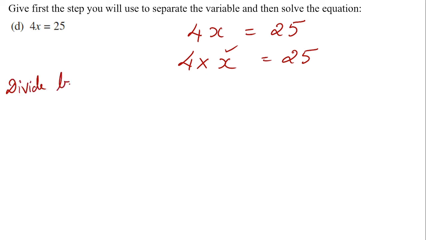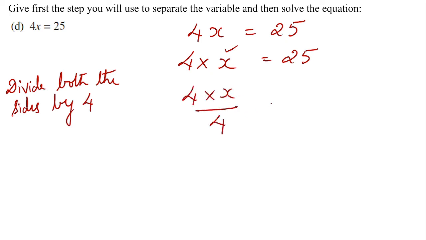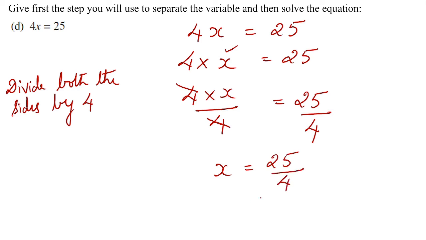Divide both the sides by 4. So 4 into x divided by 4 is equal to 25 divided by 4. So 4 and 4 gets cancelled. X is equal to 25 divided by 4.